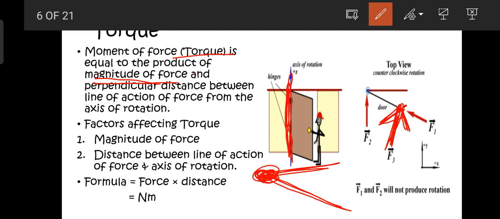This is axis of rotation, pivoted point or fixed point. Okay, this part is axis of rotation, and if you put a force here, okay, the distance from axis and the force and the line of action of force.